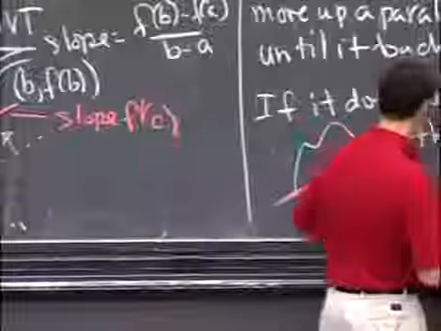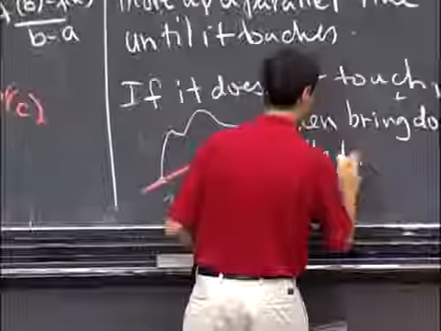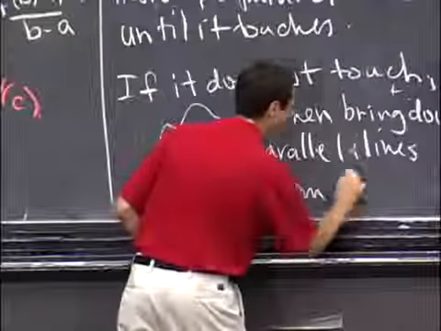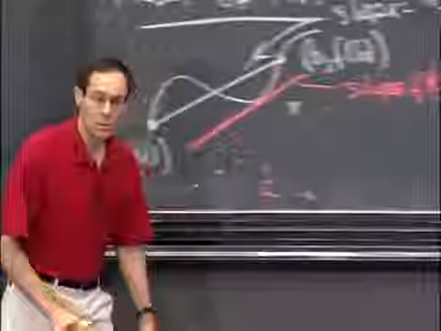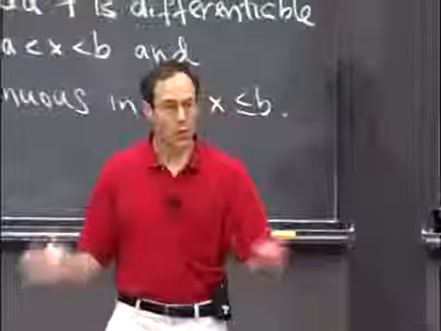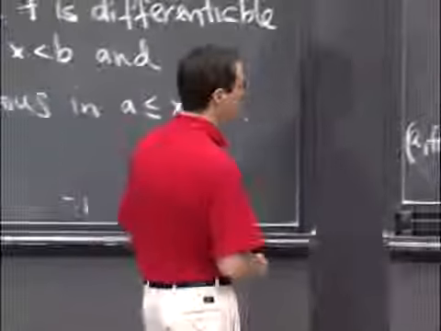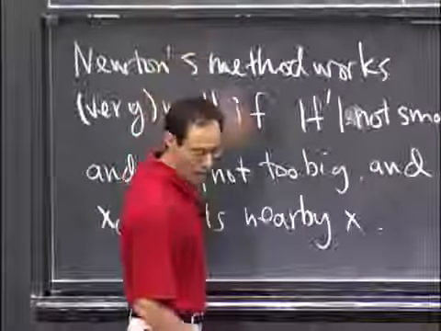Parallel lines from above. All right? So that's the whole story. That's how we cook up this point c with the right properties.